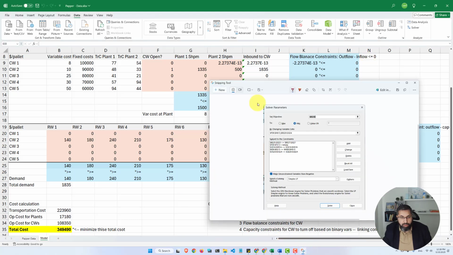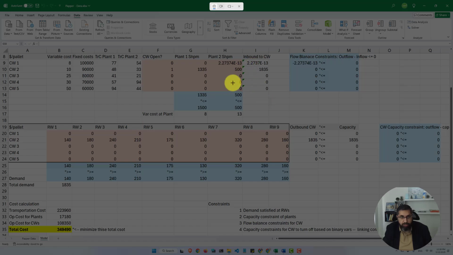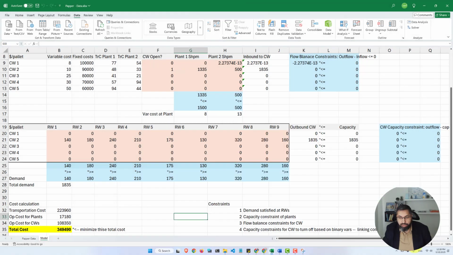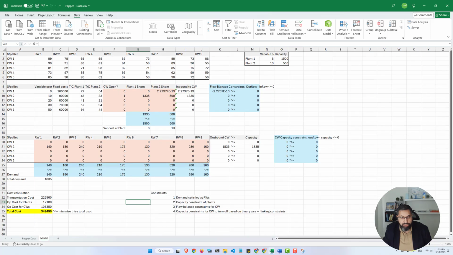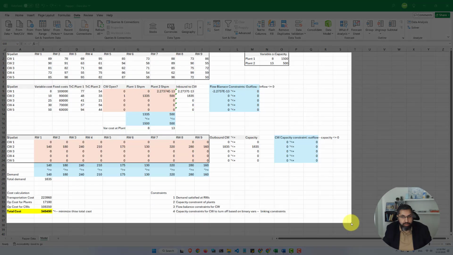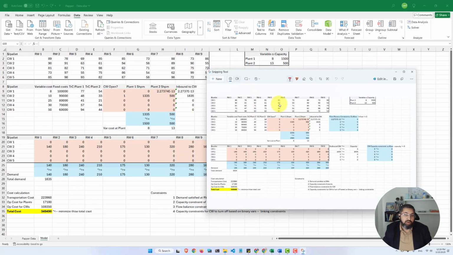For the second screenshot, I'll zoom out to capture the entire model in one screenshot. Then I can put it in a Word document to upload for the assignment for this lab. So you'll have a Solver setup and the screenshot, and this screenshot should be showing the final solution, the answer of 349,490, the minimum total cost.